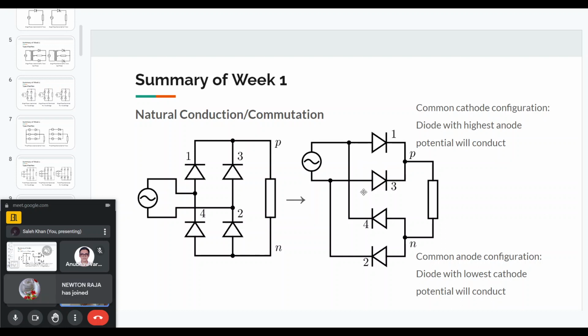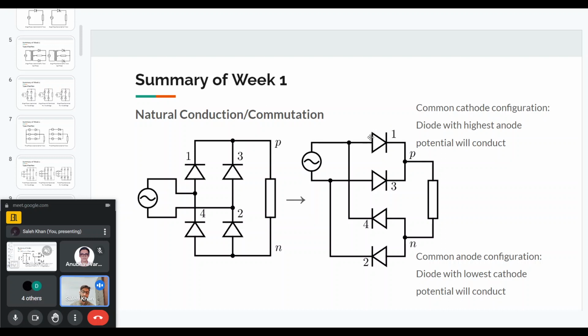So you can understand that the diode with the higher anode potential is the only one that will conduct. The others will not conduct. You can have a similar understanding for the common anode connection as well. So this is how we determine which diode will conduct. And this is called natural conduction or commutation.